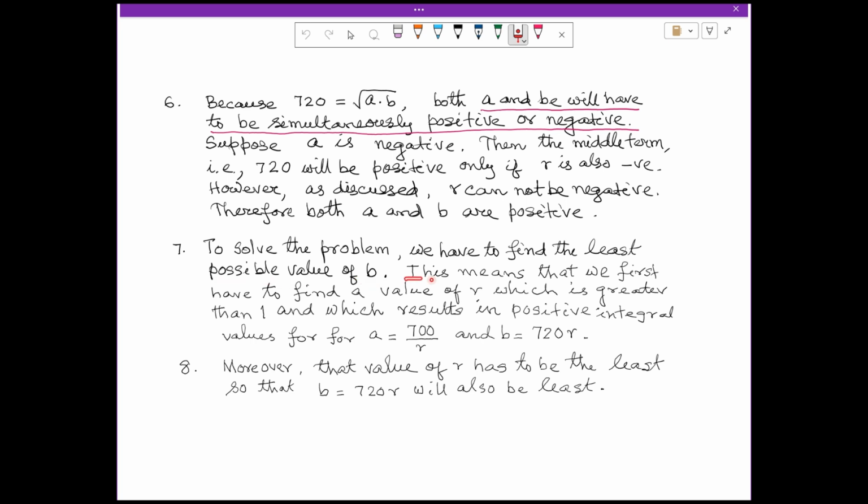This means that we first have to find a value of r which is greater than 1 and which results in positive integral values for both a, that is equal to 720 by r, and b, that is equal to 720r. Moreover, r has to be the least so that b, that is 720 into r, will also be the least.